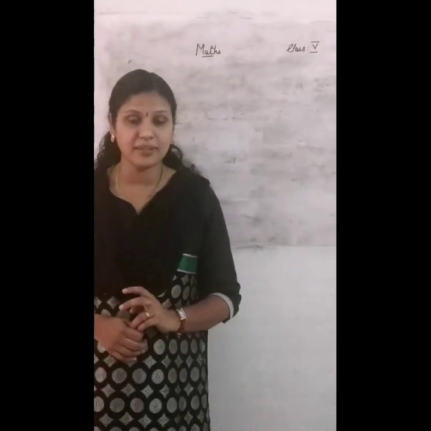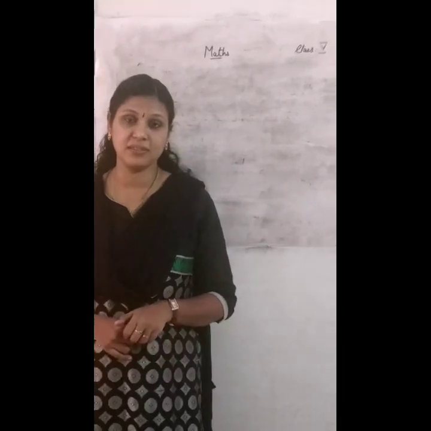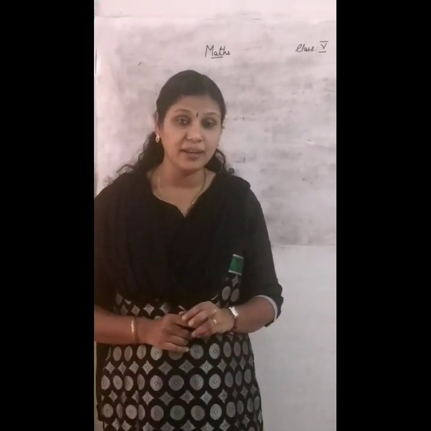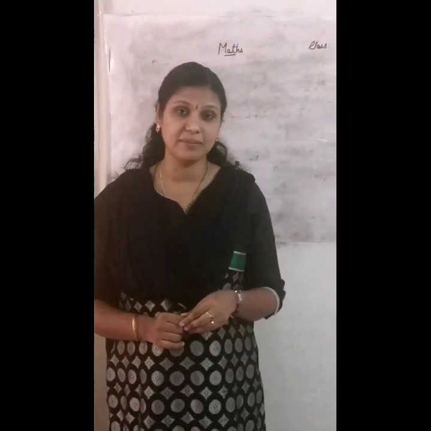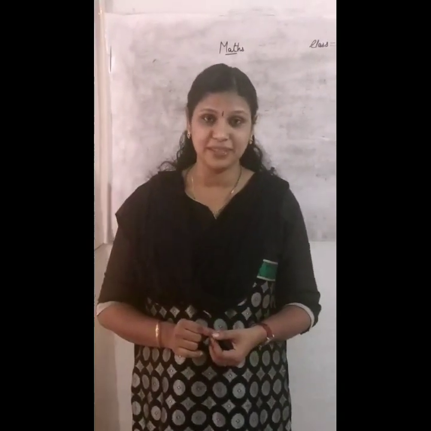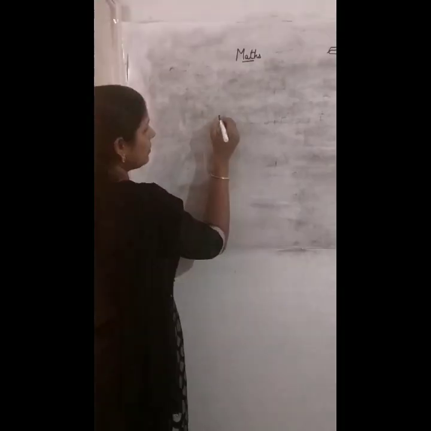In the last year you studied addition and subtraction. Now you understood how to add and subtract 3 or 4 digit numbers and also compare those numbers. Let's go to an example.